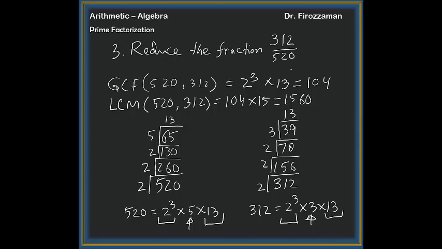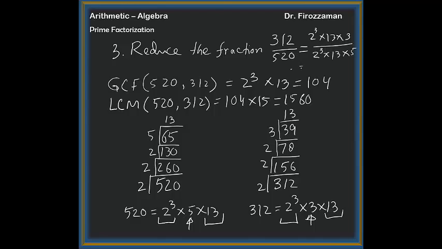We are now in question number 3. It says reduce the fraction 312 divided by 520. So this one you can go with the prime factorization. You can see 312 is 2 to the 3 times 13 times 3. 520 is 2 to the 3 times 13 times 5.